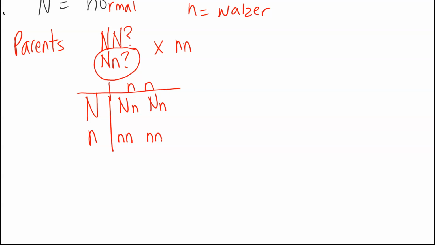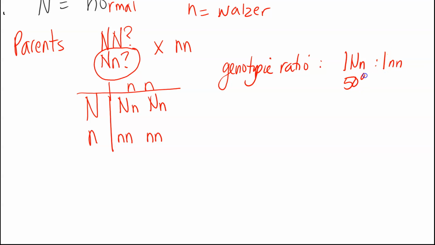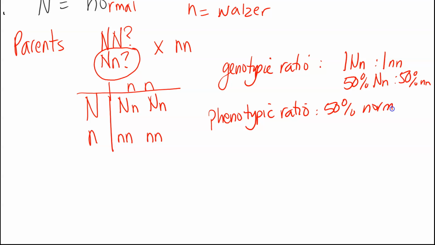Okay, so in this scenario, the genotypic ratio is going to be 1 big N, small n to 1 little n, which is 50% big N, small n to 50% little n, okay? And the phenotypic ratio is the same thing. So 50% normal mice to 50% Waltzer mice, okay?